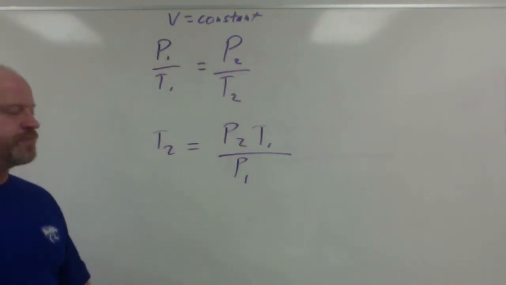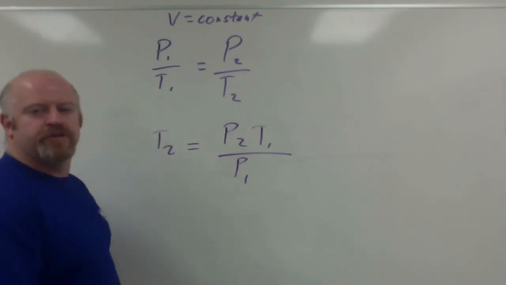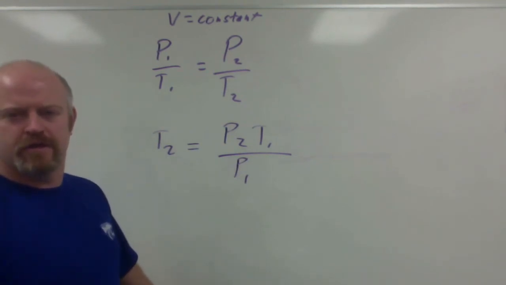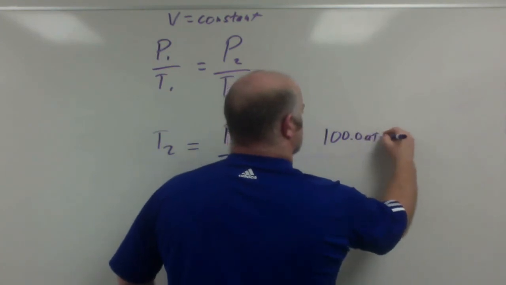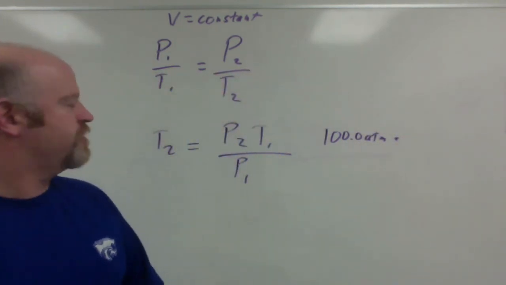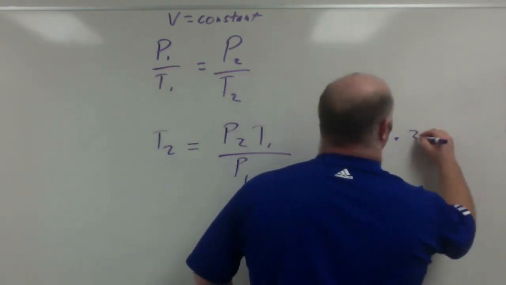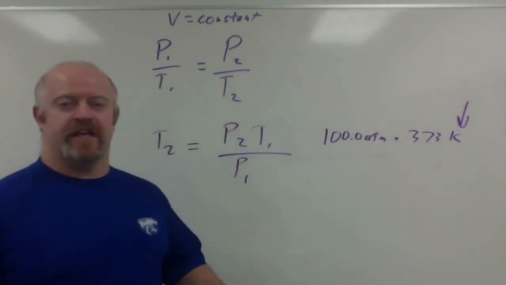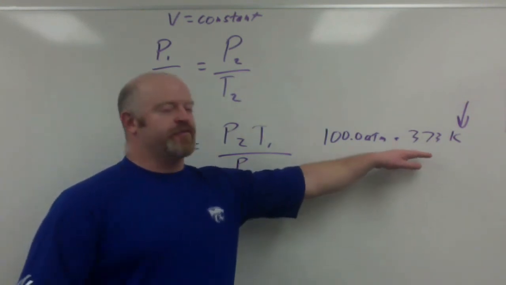So here's our equation. Solving for temperature 2, our second pressure in this problem was 100 atmospheres. Our initial temperature is 373 kelvins. Again, you have to work in kelvins. If I give you a problem in Celsius, and I will, you must convert to kelvins before you do the math.